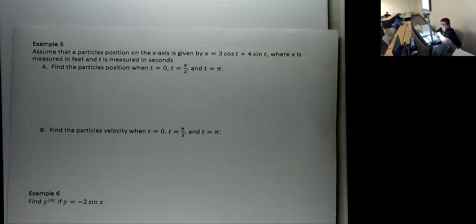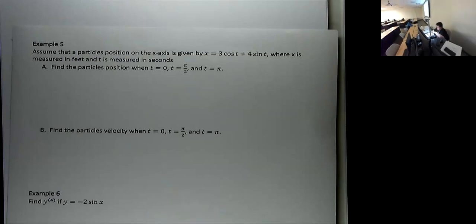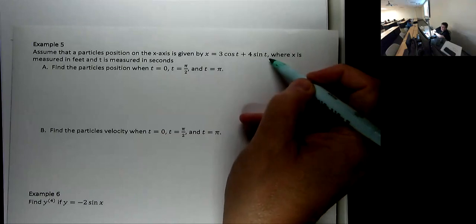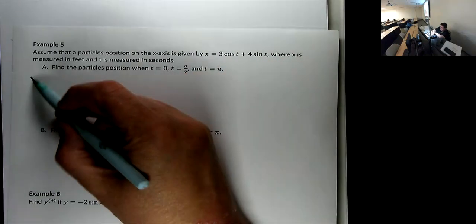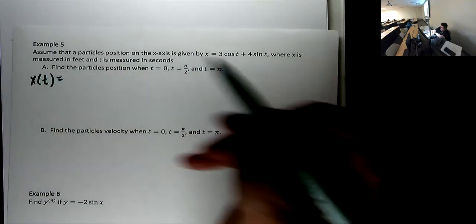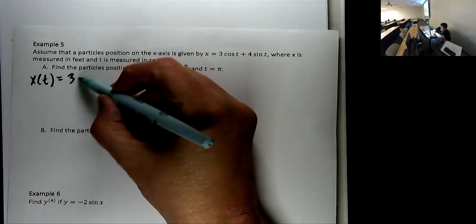Part A is find the particle's position when t equals 0, t equals pi over 2, and t equals pi. So I can see this x is just a function of t: x of t equals 3 cosine t plus 4 sine t.